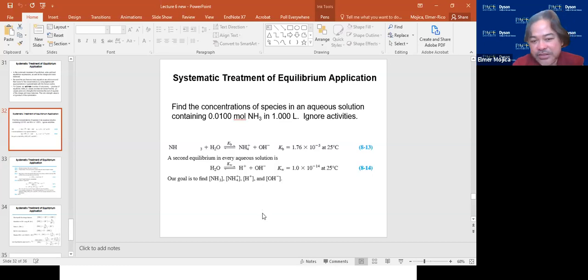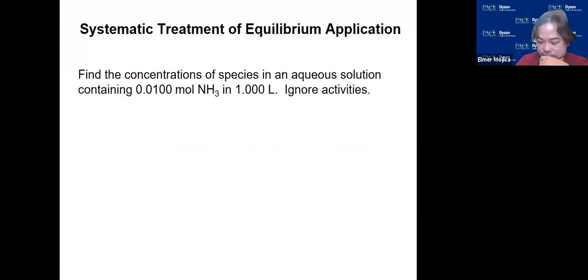So maybe you can use the reaction of the ammonia plus water, giving you what? NH4 plus and OH minus.